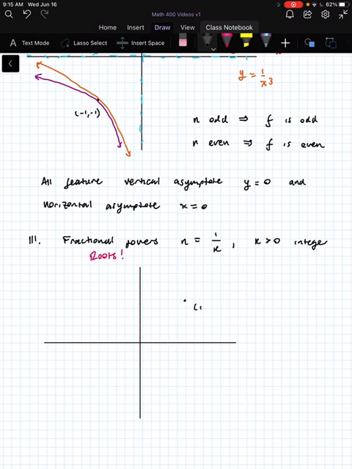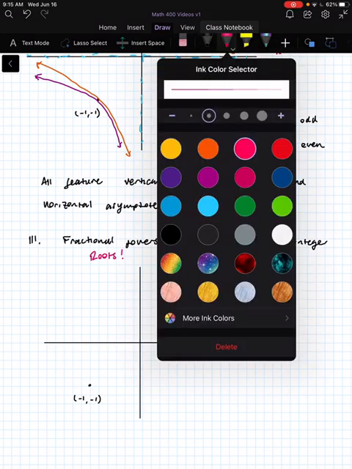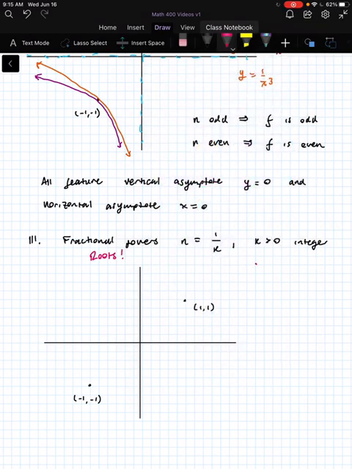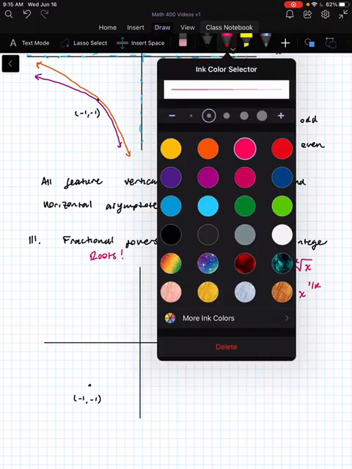All right, some important points to label here include 1, 1, and -1, -1. All right, so the first one is trivial because 1 over 1 doesn't matter. It reduces to 1, and that's not interesting. However, 1 over 2, so remember that you want to think of these as f of x equal to kth root of x, but that's the same thing as x to the 1 over k.